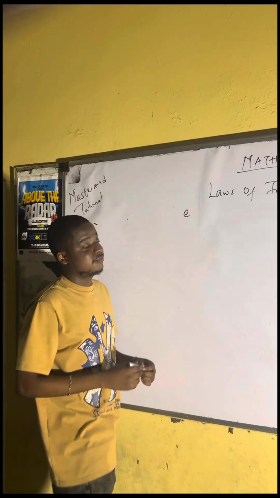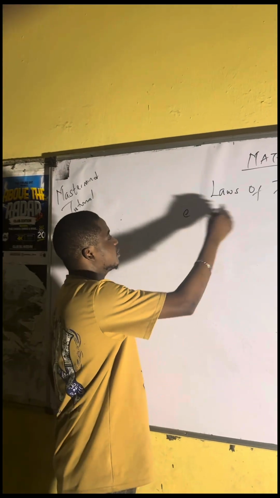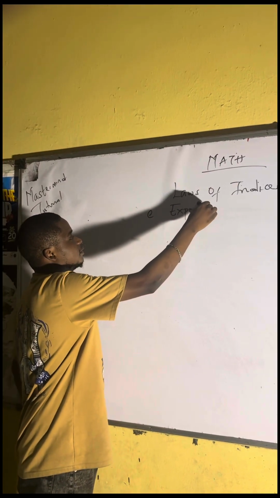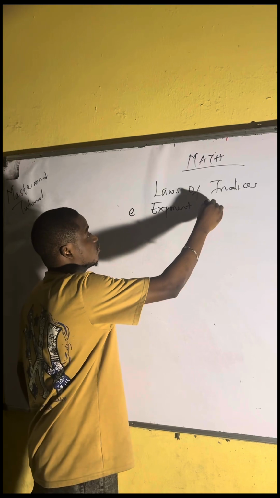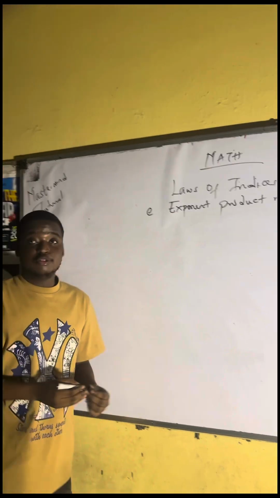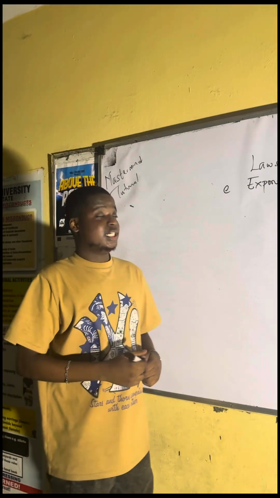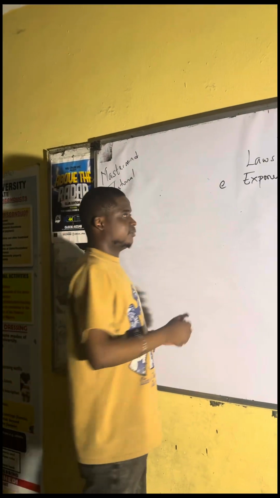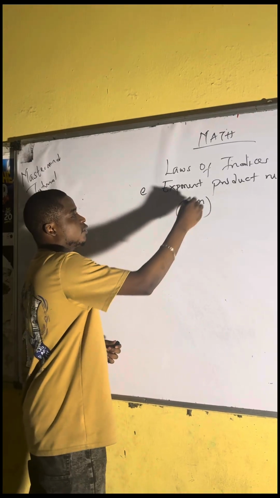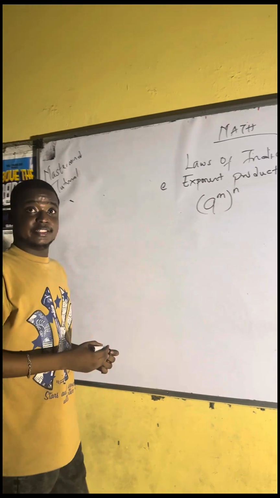We have, let me call it, the exponent product rule. Now, the expression is simply a raised to the power m, all raised to the power n.